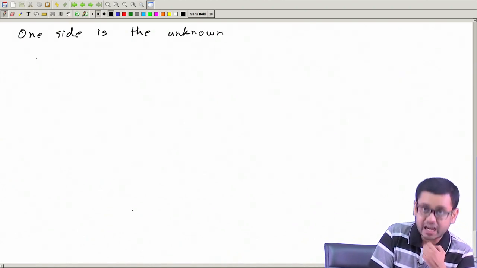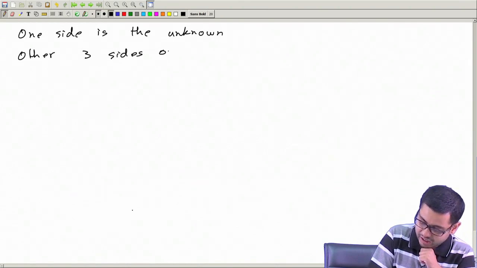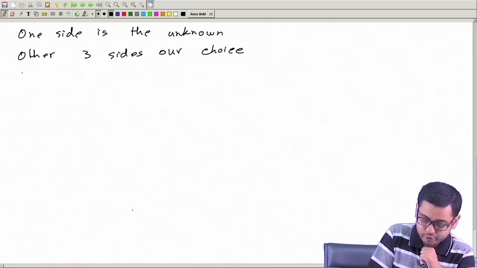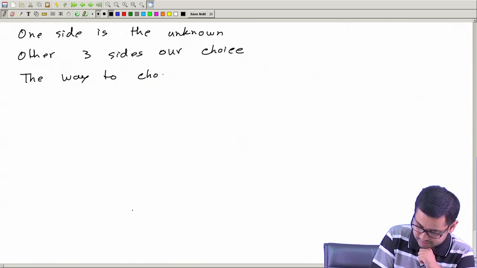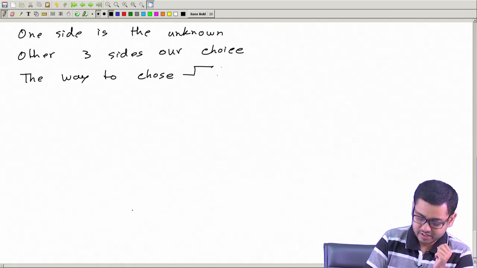Other three sides are our choices, and the way to choose is keeping two factors in mind.